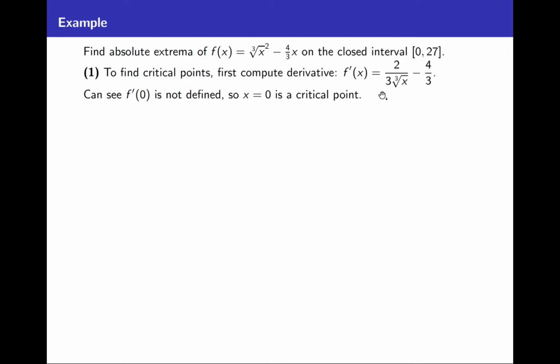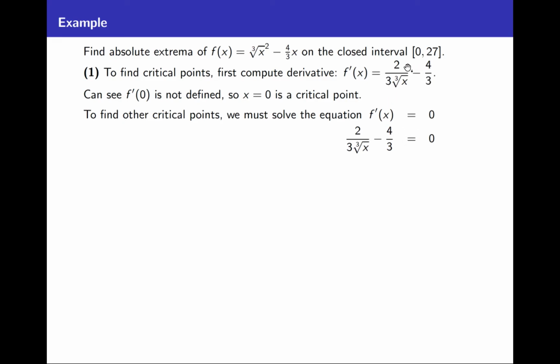This happens sometimes. For every other value of x, you're not dividing by 0, so you're not going to get any other critical points where the derivative is not defined. But you might get some critical points where the derivative is equal to 0. So to find the other critical points, we must solve the equation f prime of x equal to 0. So in solving this, we'll find all the values of x that make f prime equal to 0, and those are going to be critical points.